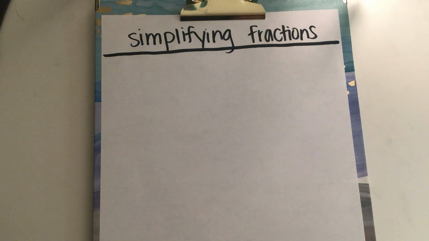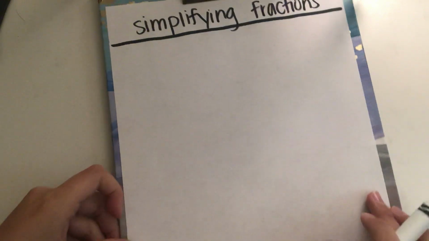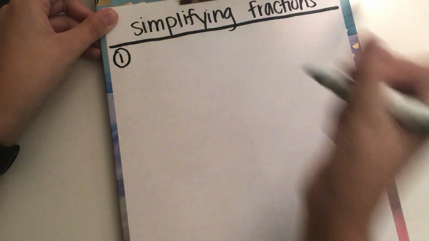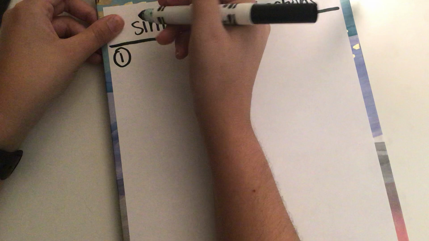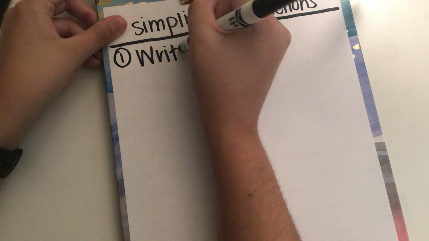There are 3 steps to simplifying fractions. We've got a handful of vocab terms in here too that we'll work on defining as we go through. So you can draw a 1 and circle it. Our very first step, step number 1, is going to be to write the factors.